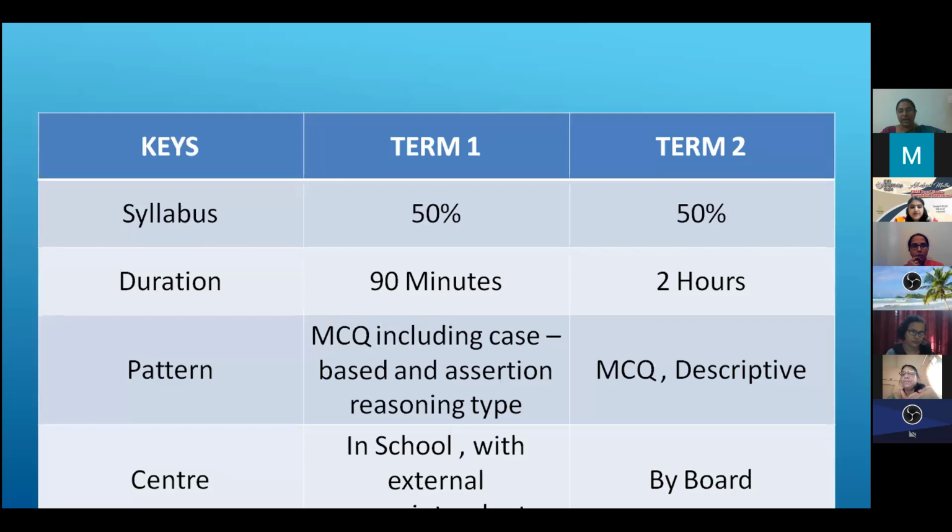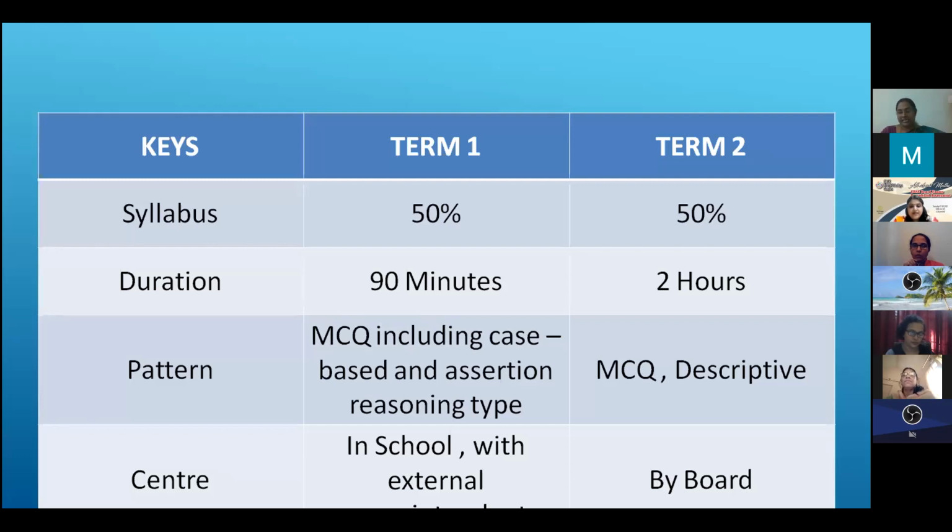For the pattern, they have clearly given that term 1 is MCQ questions, MCQs of the normal types including case-based and assertion-reasoning type questions. And the second term, they have given that it will be MCQ and descriptive questions together: long questions, short questions, MCQ all together. That means what we understand is the usual format which they give for board examination, almost the same format will be followed. It will be clear when the sample paper is released.